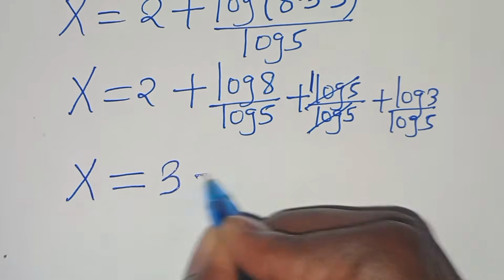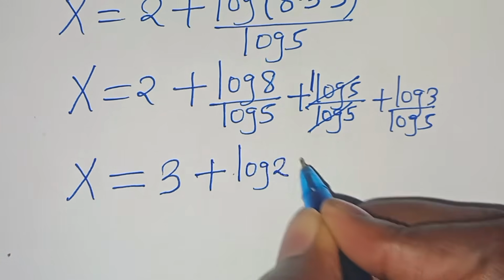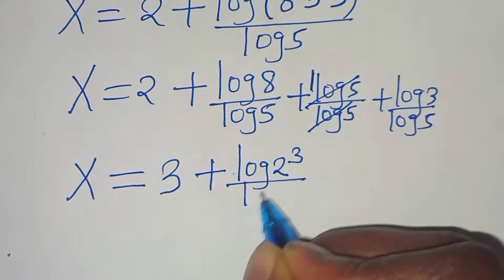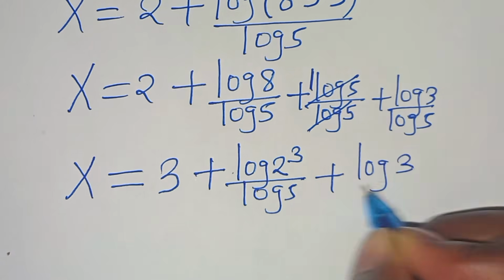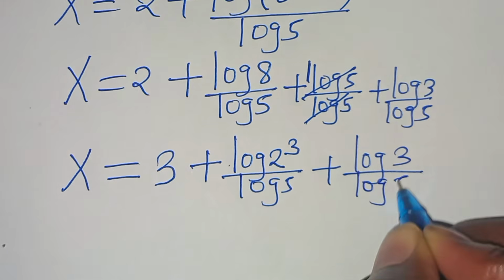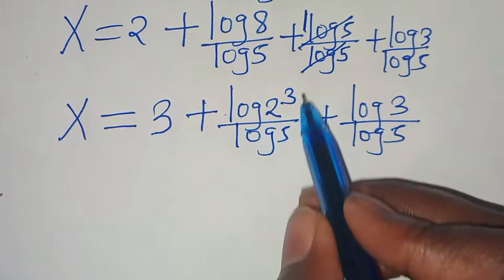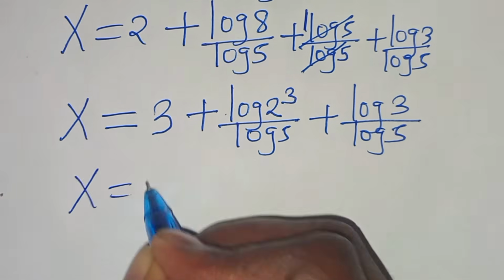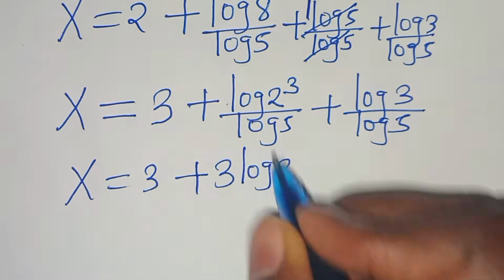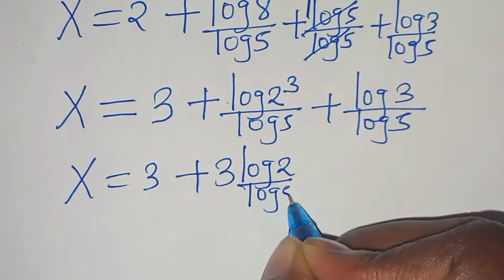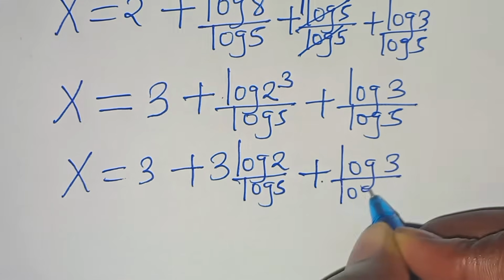This is 3 plus, we can express log 8 as log 2 to the power of 3 divided by log 5. Then plus log 3 divided by log 5. Now, the next step is that log 2 to the power of 3 is the same thing as 3 log 2 divided by log 5, then plus log 3 divided by log 5.